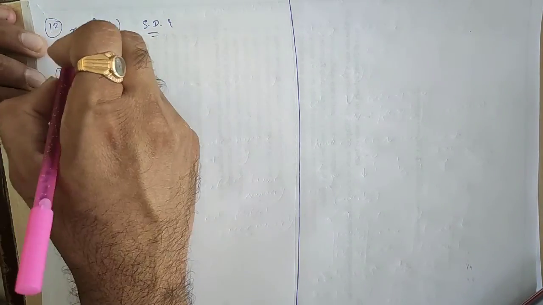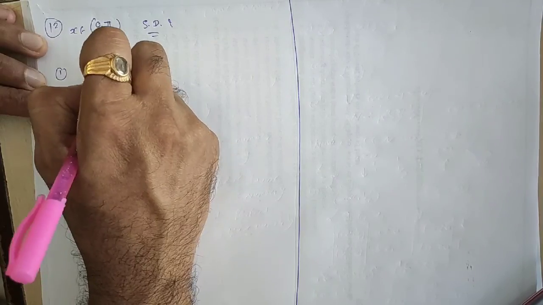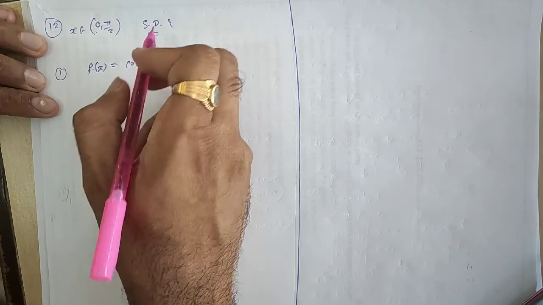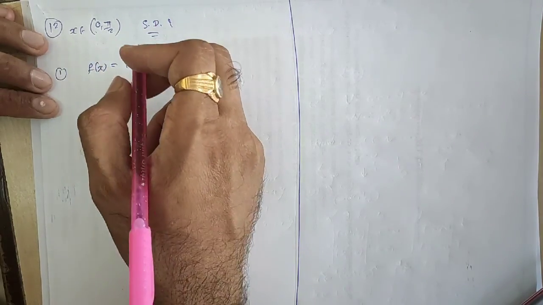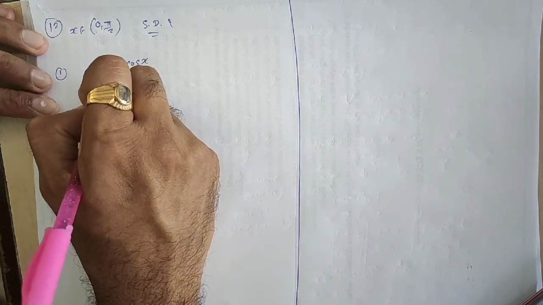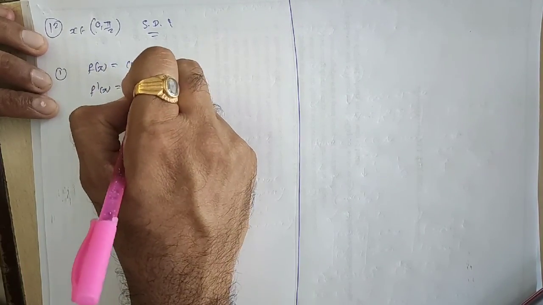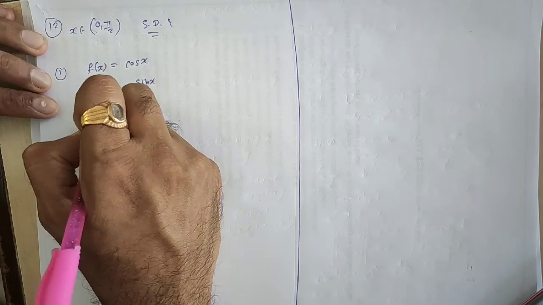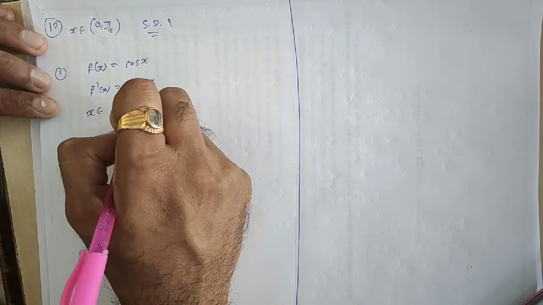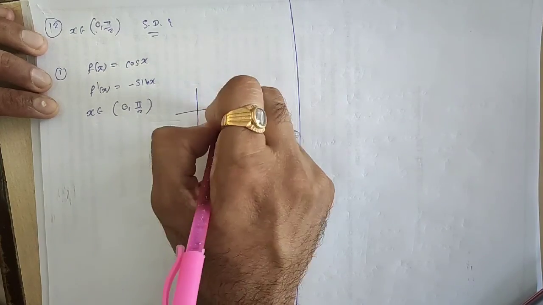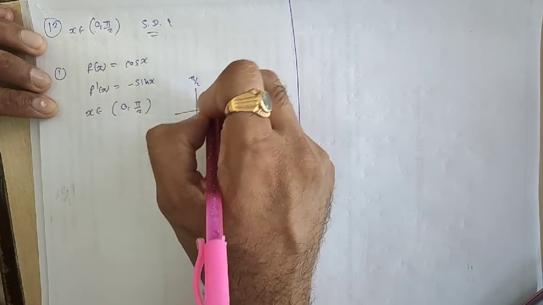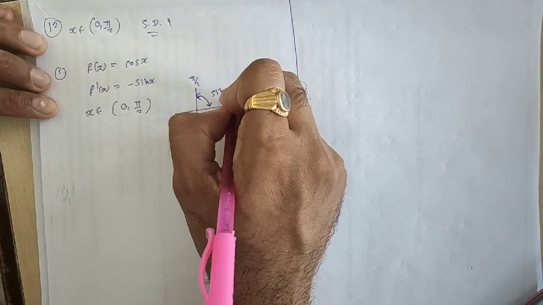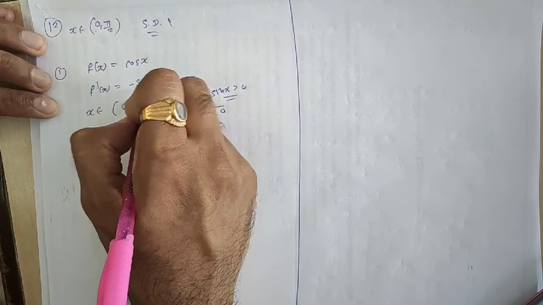So first function is f of x equal to cos x. You have to check whether cos x is strictly decreasing function in the given interval 0 to pi by 2. So for that we have to consider first order derivative, which is minus sin x. Done. So for x belongs to 0 to pi by 2, which is our first quadrant, sin x is always positive.